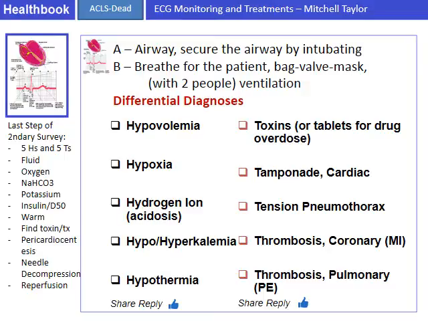Actually, I had to take care of a patient one time, and he wasn't doing well. His sats kept dropping. We kept giving him more and more oxygen. He was on the ventilator, wasn't doing well. I called the resident, and I said, something's going on. It's a traumatic injury to the patient, and he said, it sounds like a tension pneumothorax.